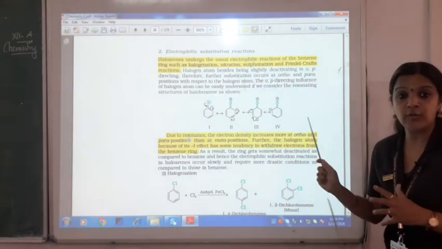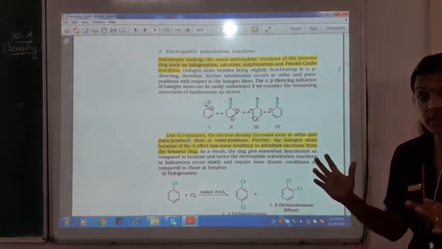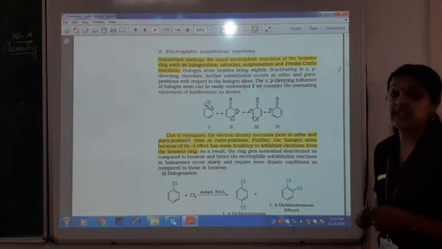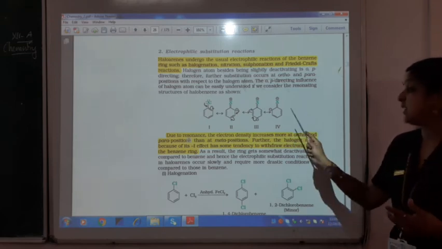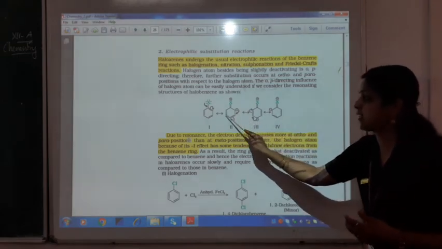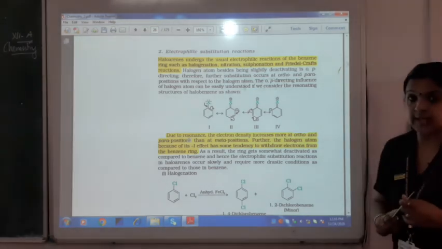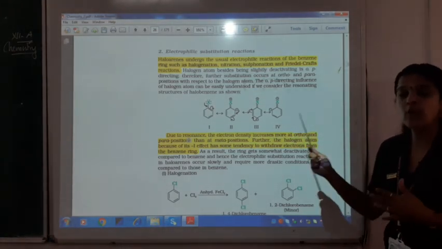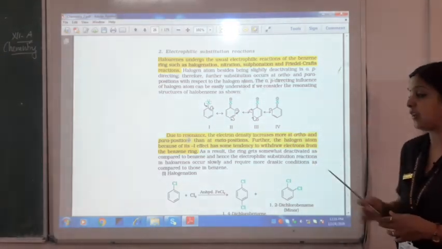So the electrophile, which is electron deficient, will come and attack my ortho and para position very easily than the meta position where there is no electron rich center. That is why we say electrophilic substitutions are more favorable for haloarenes.